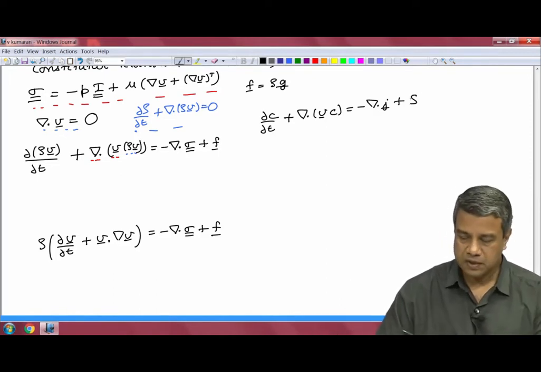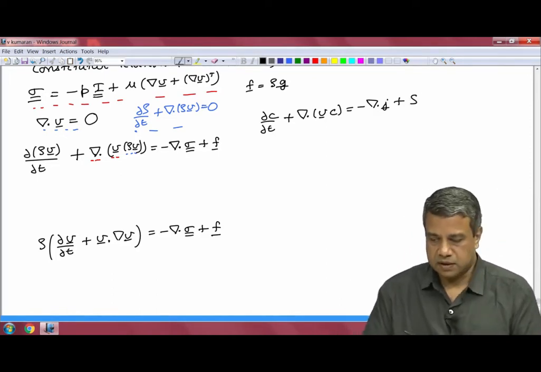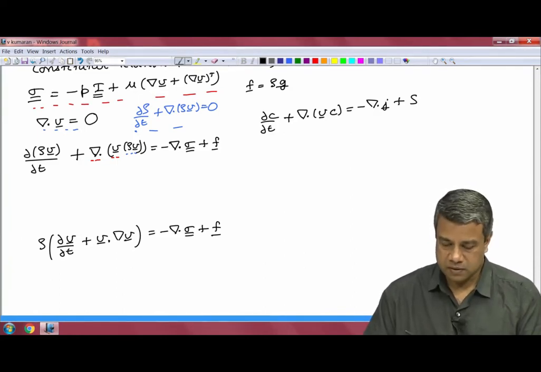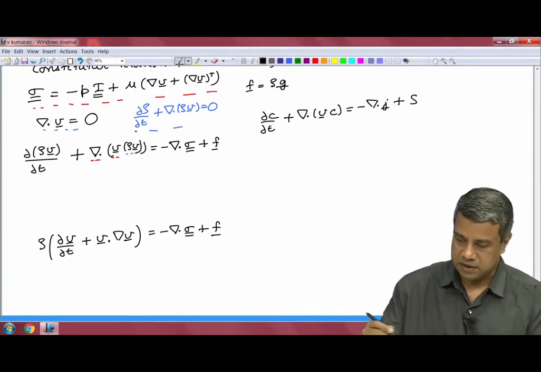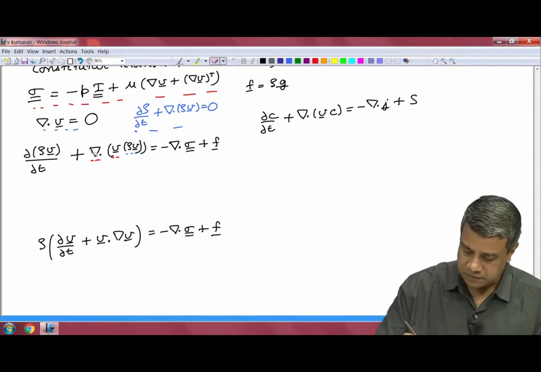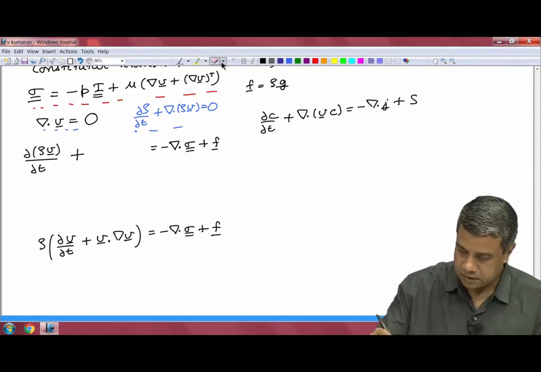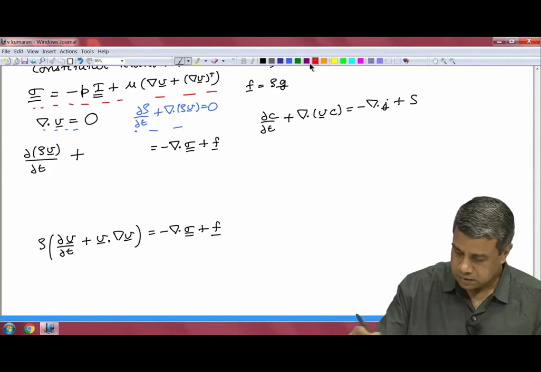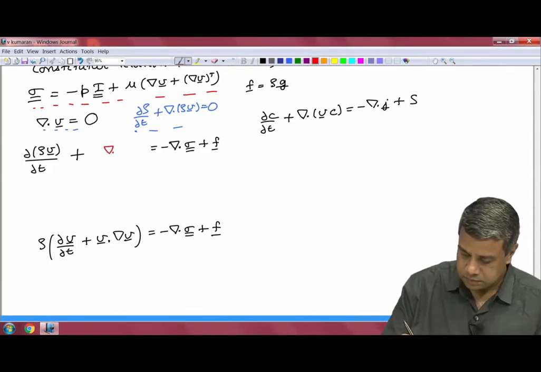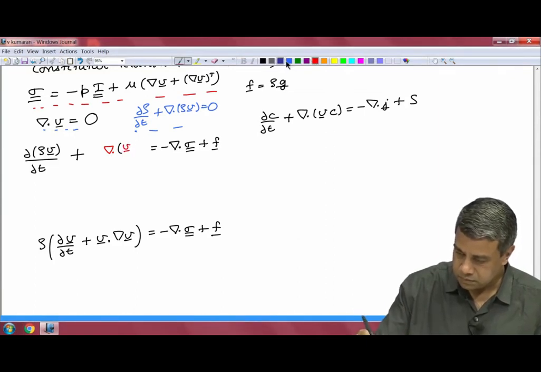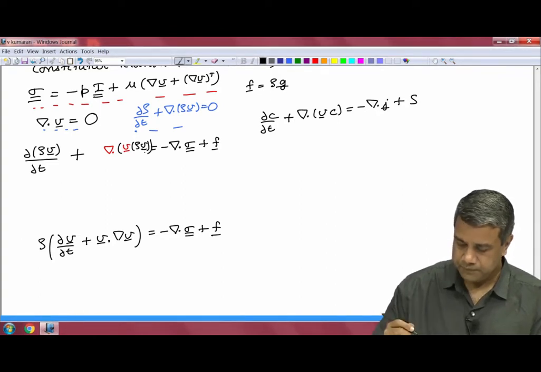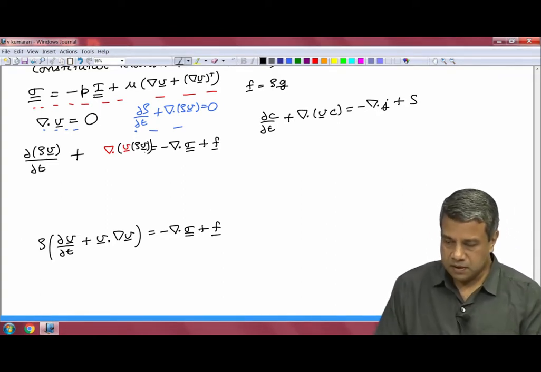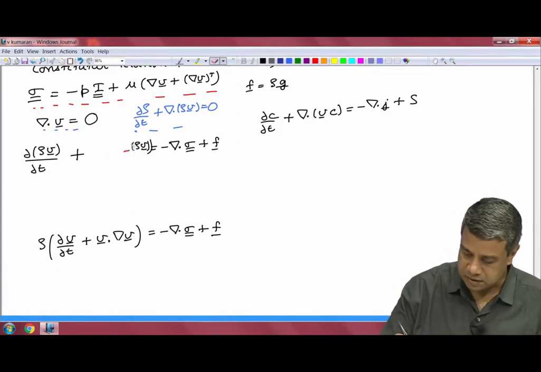If you wrote the same equation for the momentum density instead of for the mass, you would have just substituting the momentum density for the mass density.